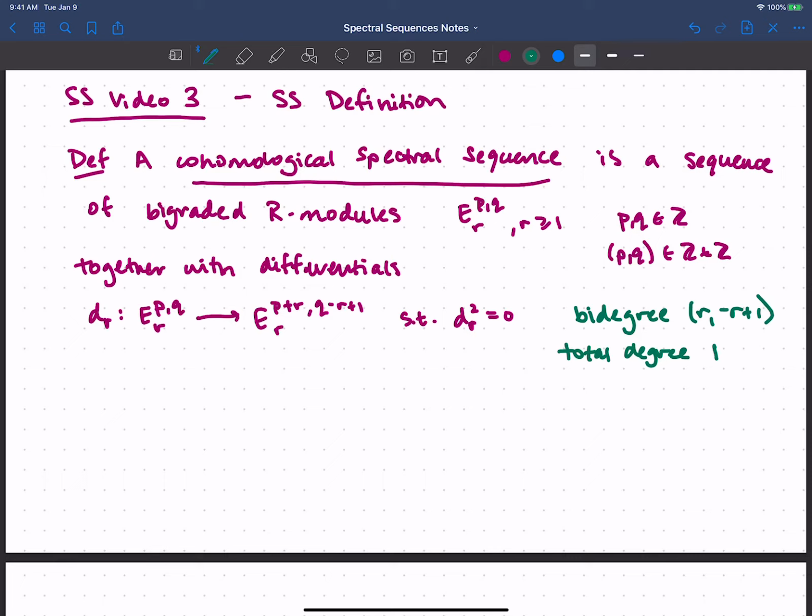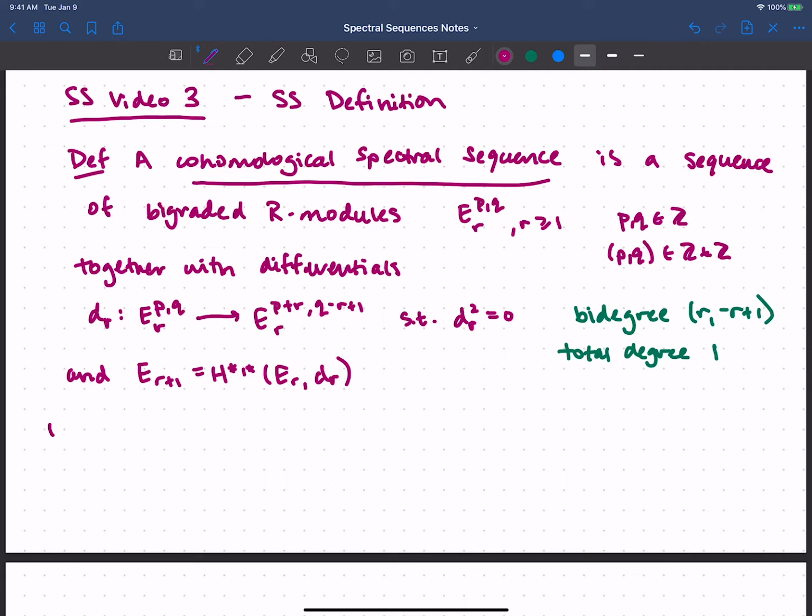So notice this depends on r, so these differentials are going to go over and, I guess, over and down more or less depending on which page we're on. And then we know we're supposed to take cohomology to get to the next page, so E_{r+1} is just going to be the cohomology with respect to this differential.